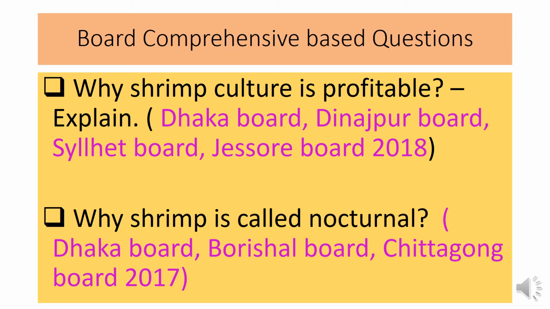Normal activities means food intake, mating, egg laying; all activities are completed at night time. That's why shrimp is called nocturnal. These two questions are very important comprehensive-based questions in this section: why shrimp culture is profitable and why shrimp is called nocturnal.